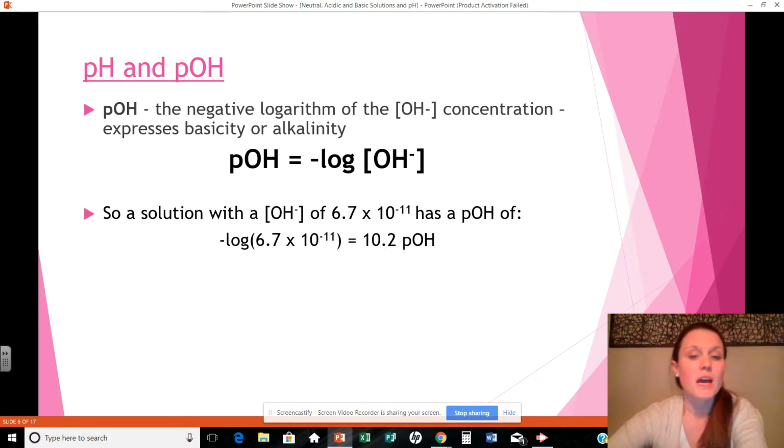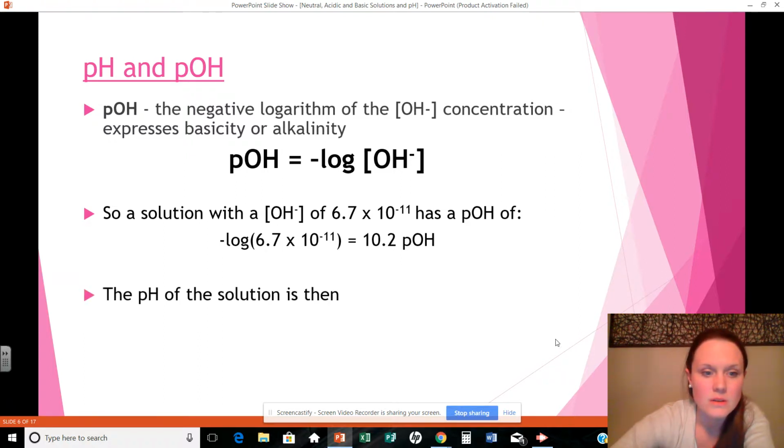However, pOH is not a calculation that we typically use to tell how acidic or how basic something is. You have to take one more step. What you've got to do is take 14 and subtract your pOH from it.